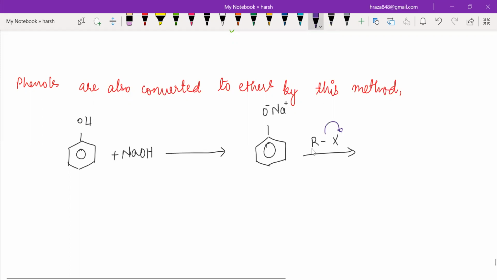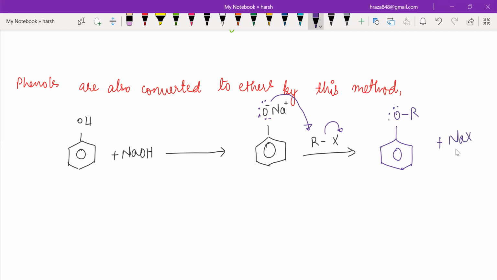This X will take electron from R, and in order to stabilize this R, this oxygen will attack this. So there will be a bond between O and R now, and a byproduct, that is NaX. This is how phenol is converted into ether. So please write it.